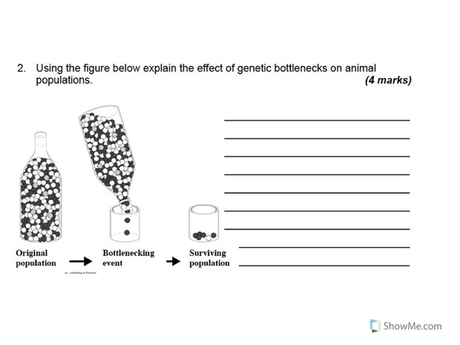Okay, so the second part of question 1 was all about explaining this diagram. So this diagram is all about genetic bottlenecks and how this affects animal populations. So a bottleneck is a particular type of genetic drift.